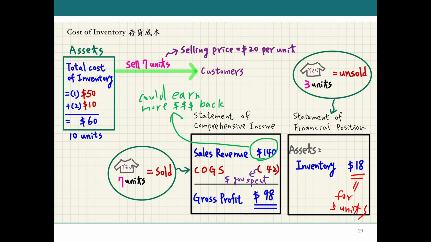So after that, I know gross profit, 毛利. So this is the profit you can get from inventory. So any questions?